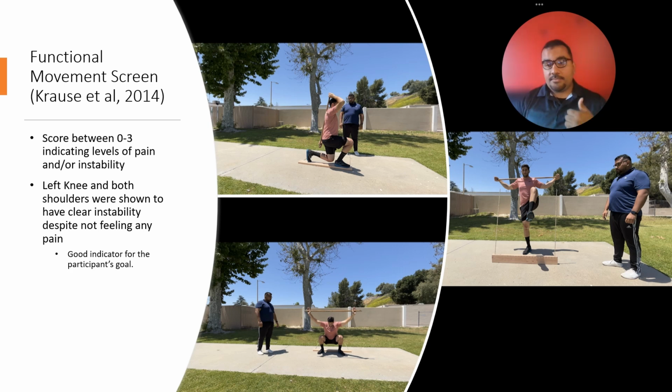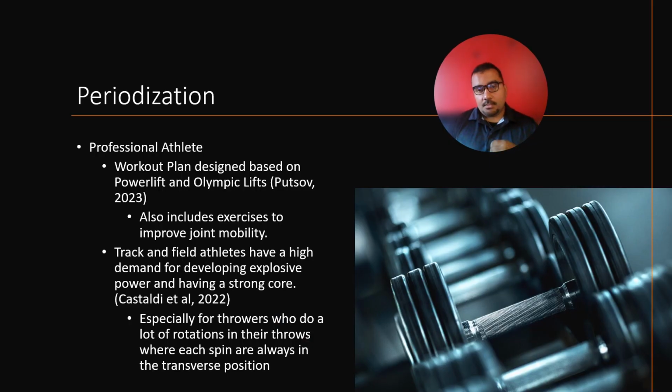So as a result of the functional movement screen, he was able to perform the movements really well, except that his left knee and both of his shoulders were shown to have clear instability despite not feeling any pain, which is a good indicator for why my participant had this particular goal to improve both his flexibility and mobility for his sport.